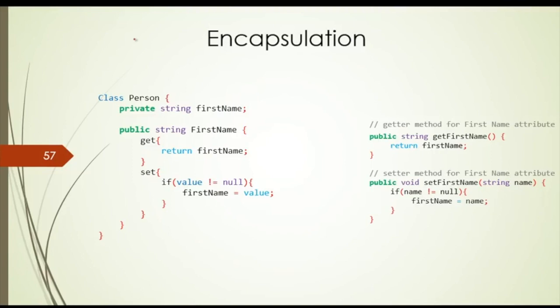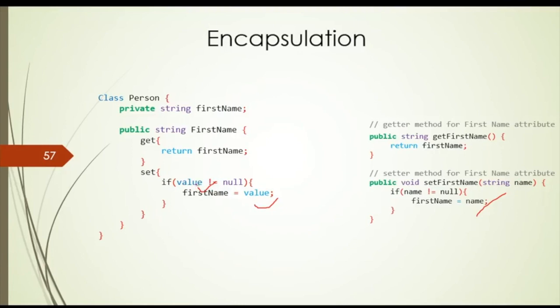So this is exactly the code that you have seen in the set earlier. Instead of name in the set method, we could name the parameter anything we like. But when we use C# properties like this, the default parameter is always value.